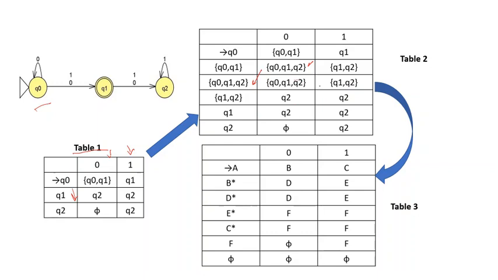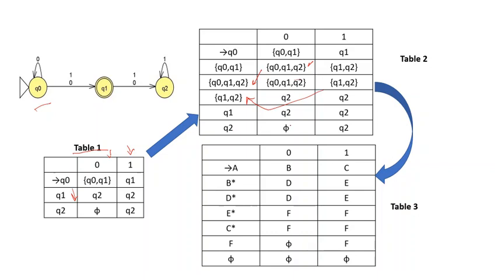Now it's time for Q1. Q1 taking 0 goes to Q2, and taking 1 it also goes to Q2. For Q1 Q2, taking 0 and 1 it goes to Q2 and Q2.